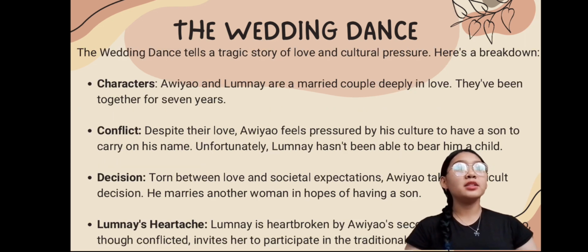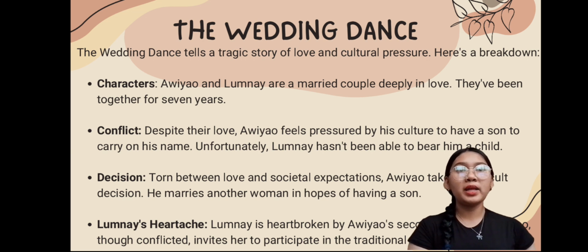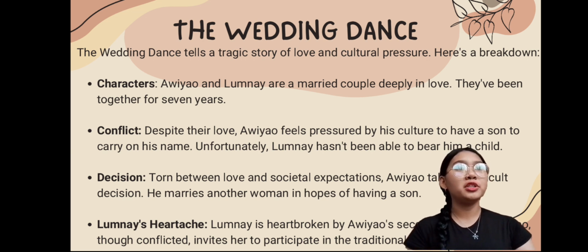The Wedding Dance is one of Amador Daggio's most famous short stories. So I have here the detailed breakdown of its elements. The summary: the story is set in a rural Filipino village in the Cordillera Mountains and revolves around the lives of Awiyao and Lumnay, a couple who must confront the harsh realities of their marriage due to societal expectations.